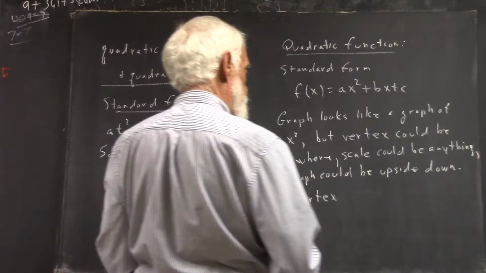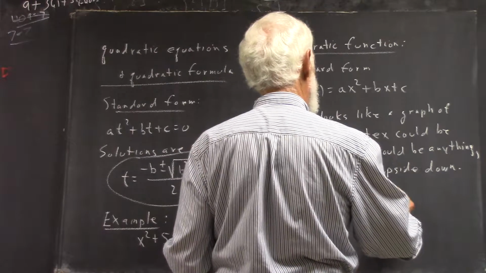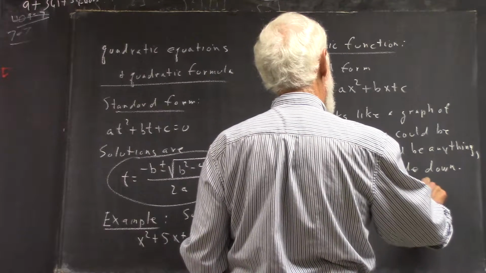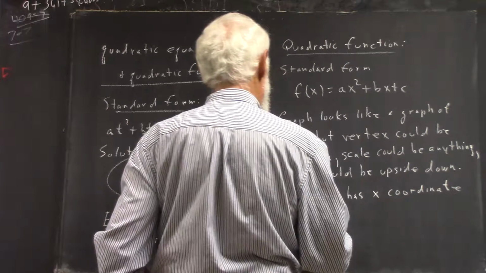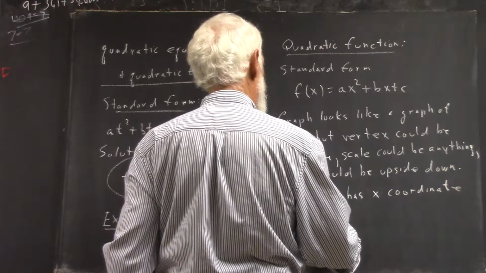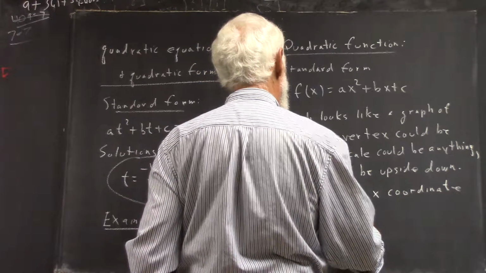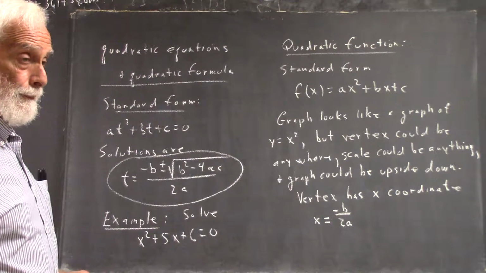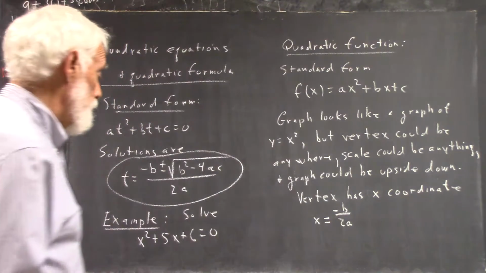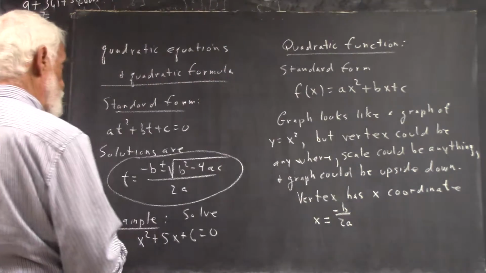The vertex: negative b over 2a. Now if you know the quadratic formula, you automatically know that.